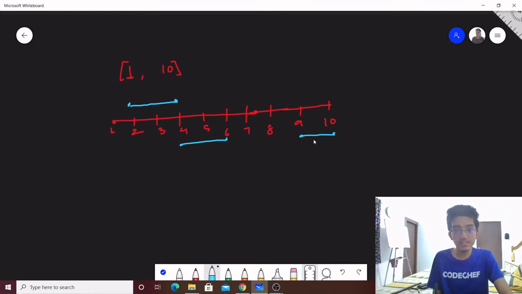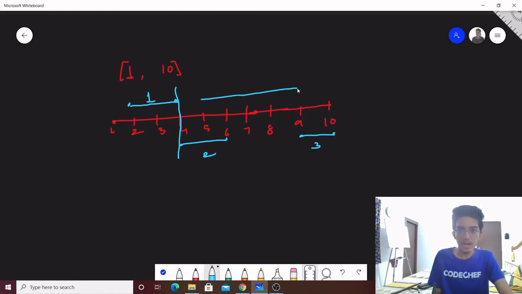So we just want to answer the query that if we were to merge these segments, the blue segments, and by merge I don't mean that, since let's call them first segment, second segment, and third segment. Since there is a common point between the first and second segment, these can be merged. But there's no common point between the second and third segment, so they cannot be merged.